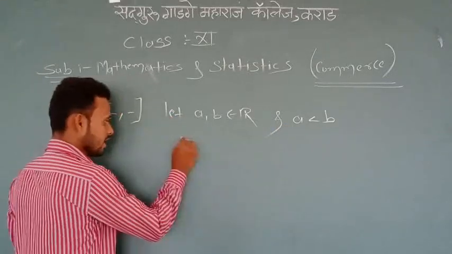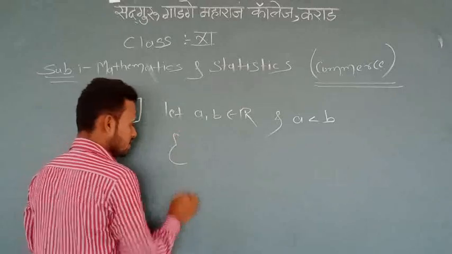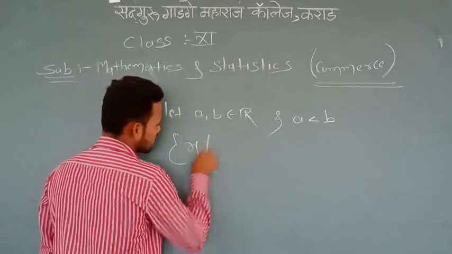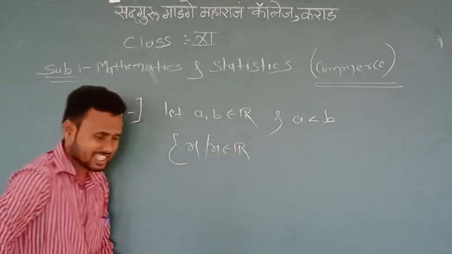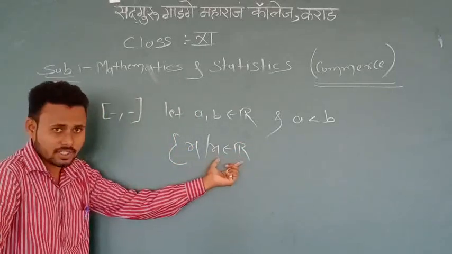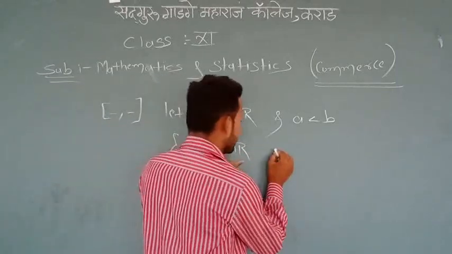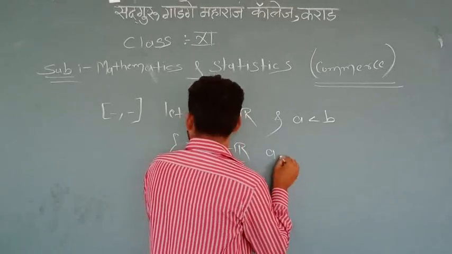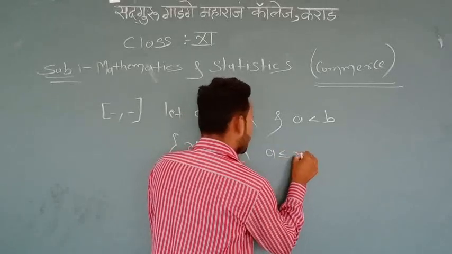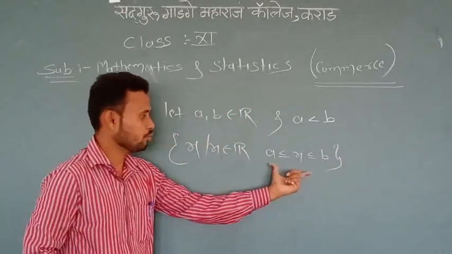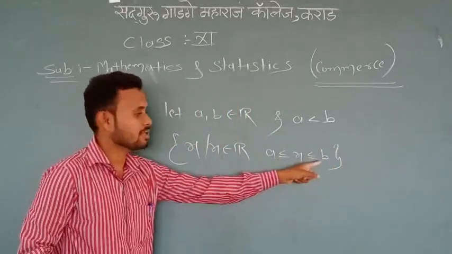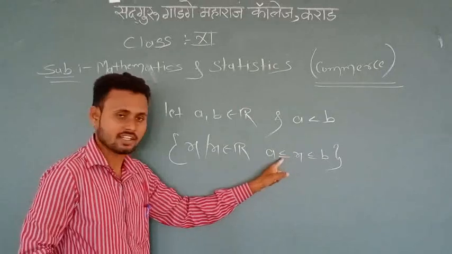Then the set containing all x, where x also belongs to the real numbers, which lie between a less or equal x less or equal b, which lie between a and b, and in that set a and b are also included because of the equal sign.